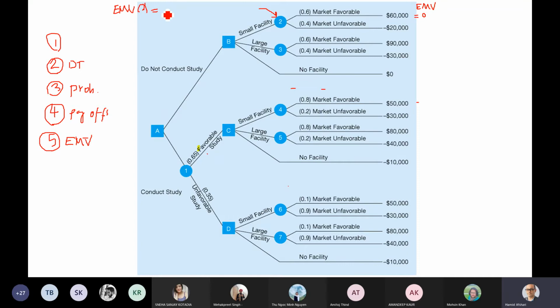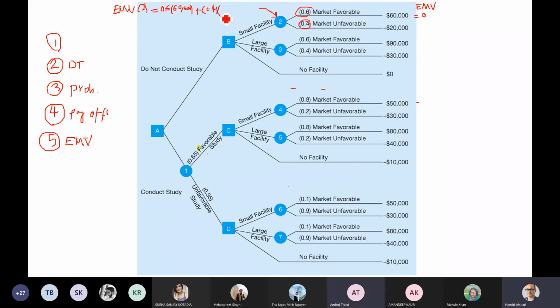No, I mean the steps. So how should I write it? 60,000 into 0.6 minus 20,000 into 0.4. So probability is 60% to have a favorable market, and the payoff is 60. And plus 40% chance of unfavorable market, multiply how much is the payoff?